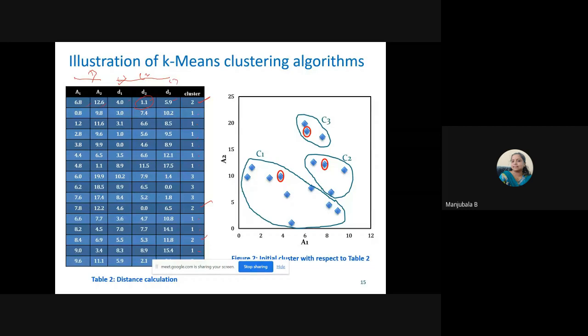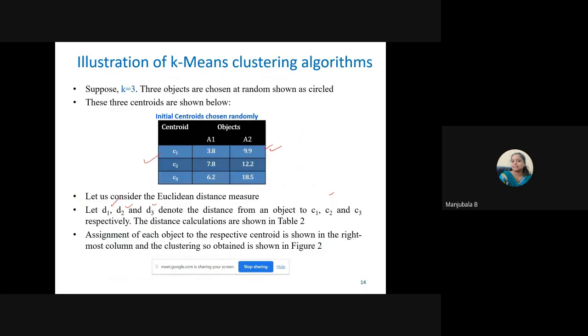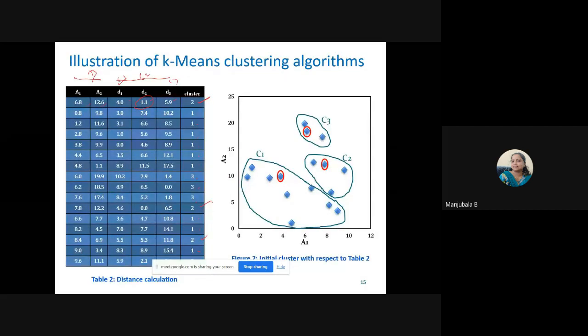And the remaining we are getting in the cluster 3. So now if you see, this is the previous plotting and this is the cluster centroid. Now the cluster formation is changing, right? The remaining objects you are assigning to each of the clusters by using the Euclidean distance. So this is the cluster C1, this is the cluster C2, this is the cluster C3.